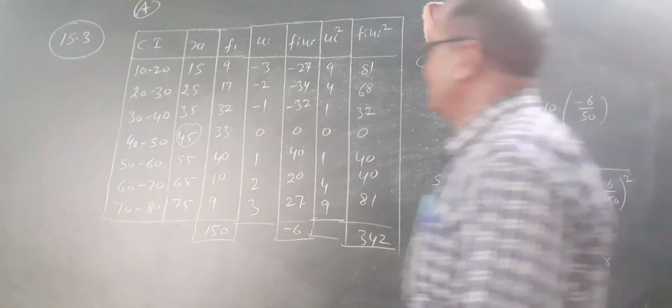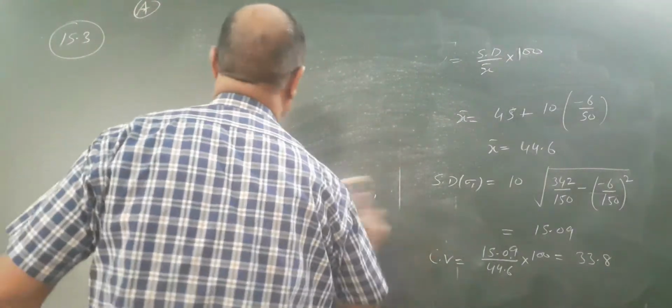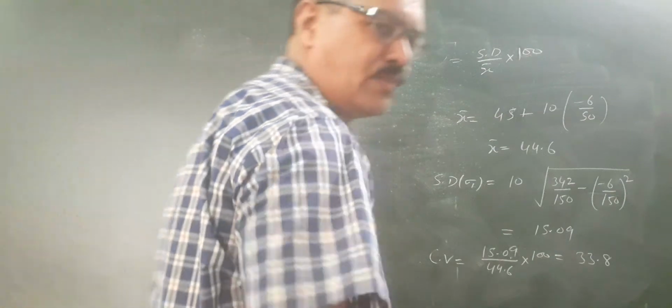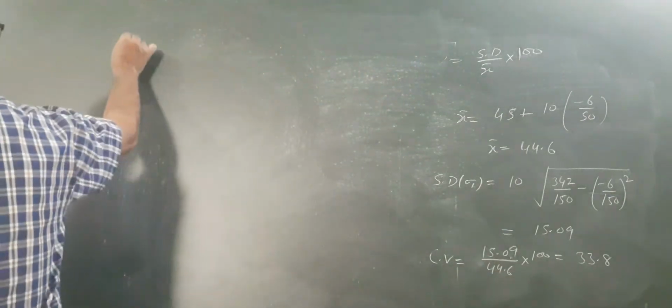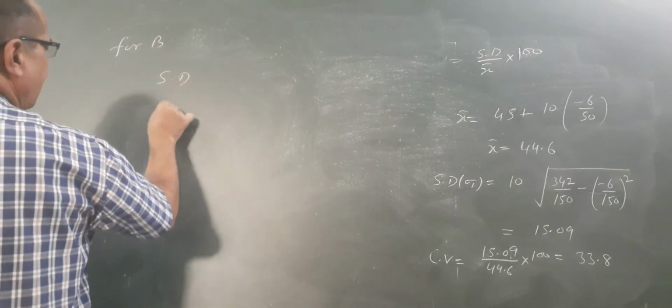Similarly, in the same way you have to solve it for the second group, group B. For group B, you have to find its SD and mean.